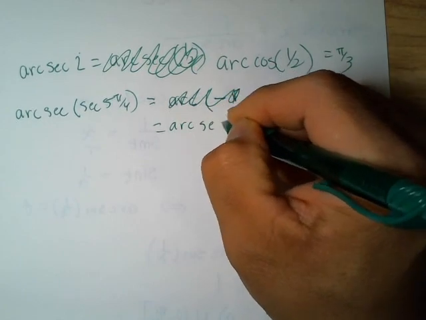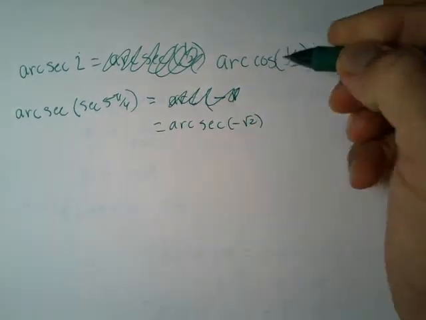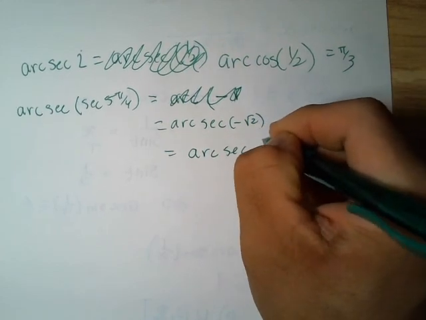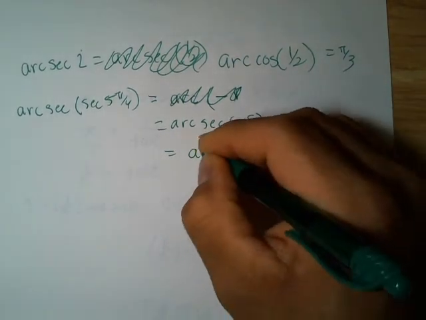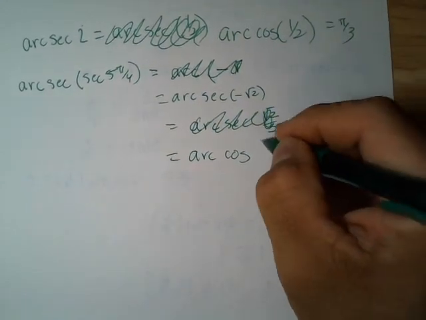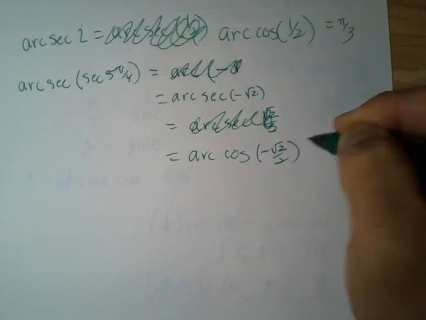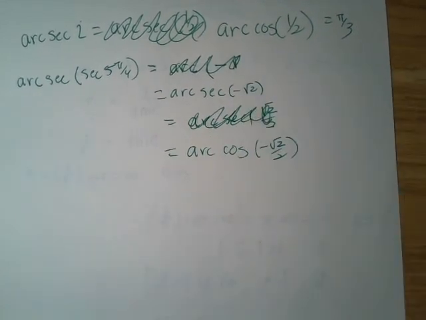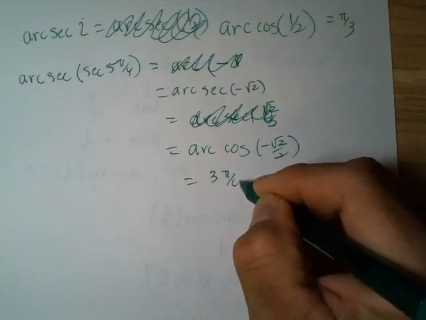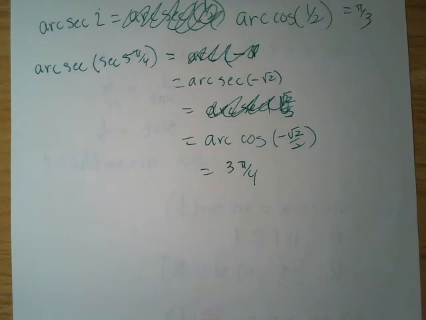Arc secant of negative root 2. Use the reciprocal identity, but again, not of the whole thing, so arc cosine of negative root 2 over 2. Then the arc cosine gives an angle between 0 and pi. Cosine is negative in quadrant 2, and negative root 2 over 2 corresponds to 3 pi over 4. Okay, and that's how you work with the cosecant and the secant.